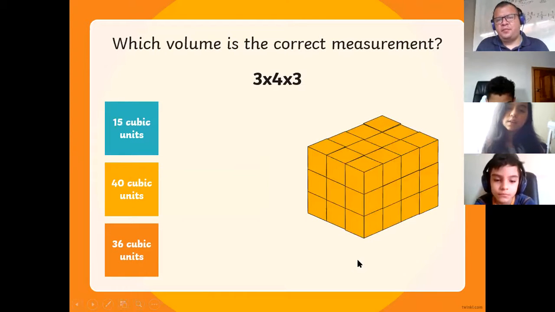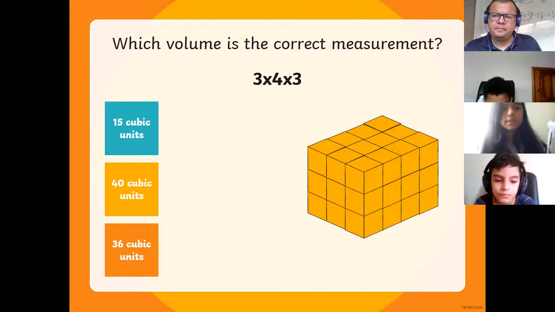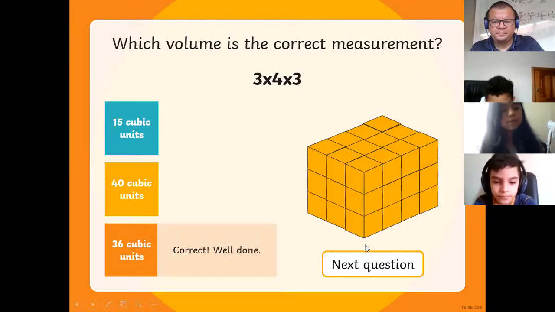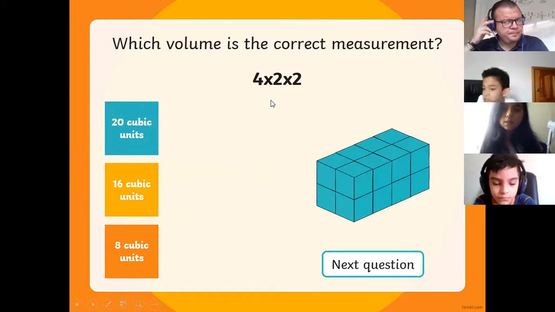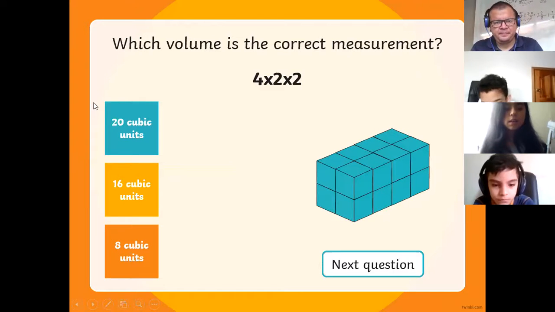This one. 3 times 4 times 3. 36. This one. 4 times 2 times 2. 16.